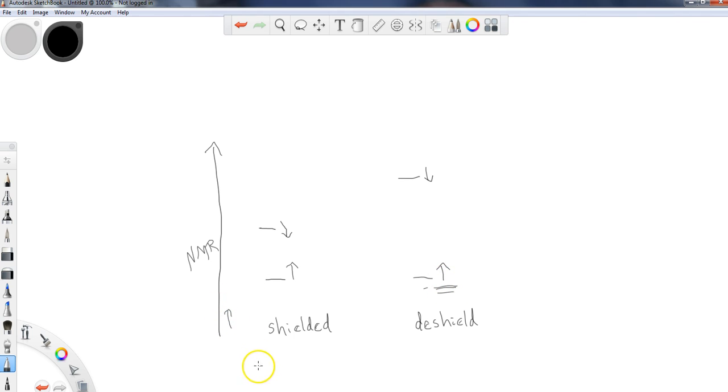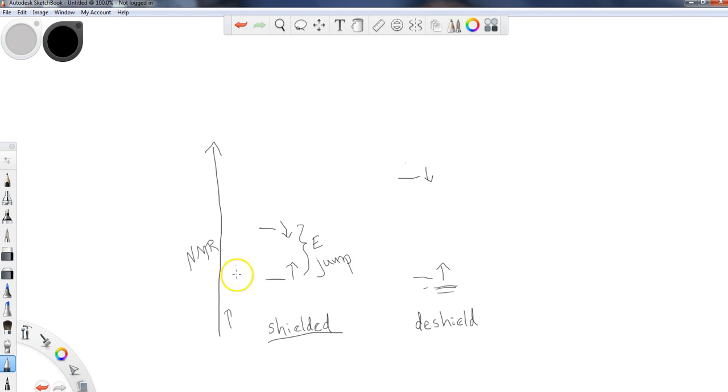If you're in alignment with this large field, it's going to require more energy for you to go against the gradient the more in line you are with this field. So right here, if this is well shielded, it's not too exposed to the NMR field, generally speaking. And so I require only small energy jumps, right? This would be an energy jump in order to switch the spin states.